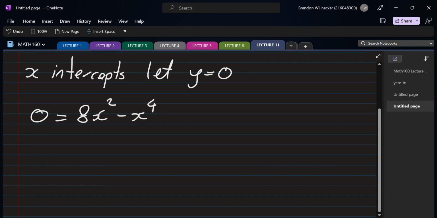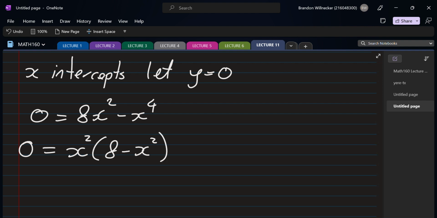4. Now here, we need to factor this. Factoring an x to the 4 is going to be very difficult in general, but we see here that we've got an x squared common to both. So the x to the 4 may be scary, but there are some things we can do to simplify. Here, 0 is equal to, we can take out an x squared first, and then we have 8 minus x squared.